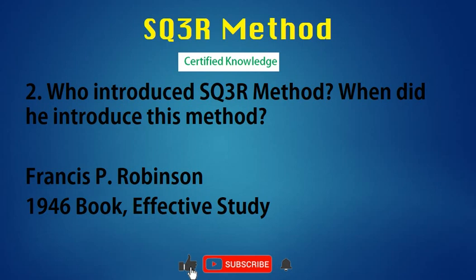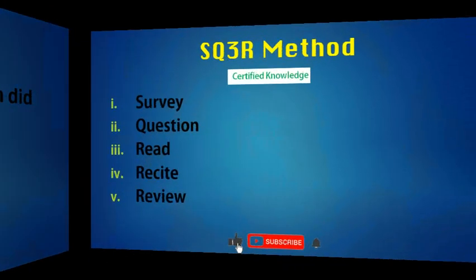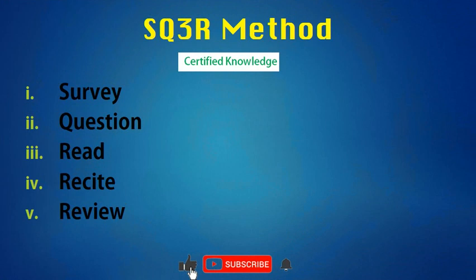As far as this method is concerned, the SQ3R method offers a more efficient and active approach to reading textbook material. It was created for college students, but it is very useful for any student, any reader.